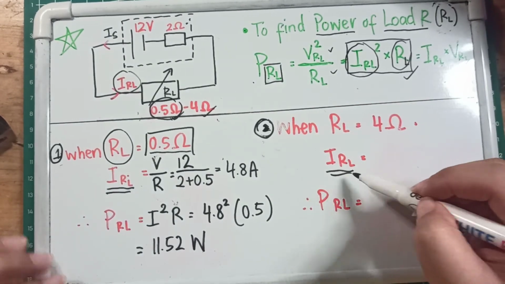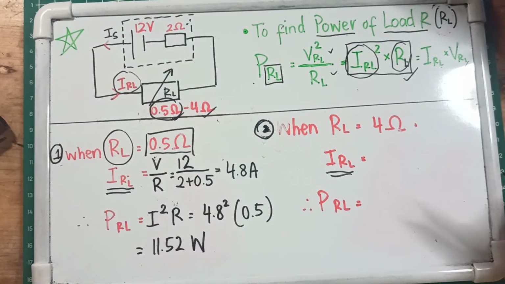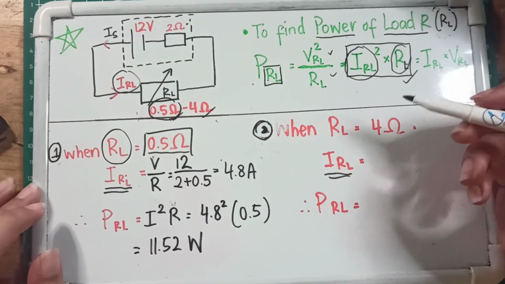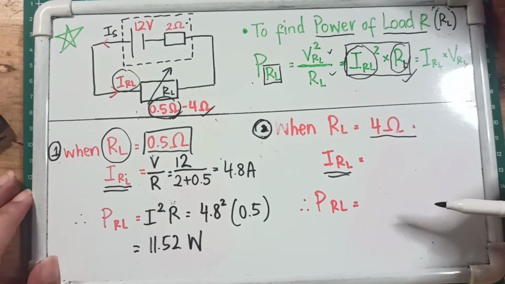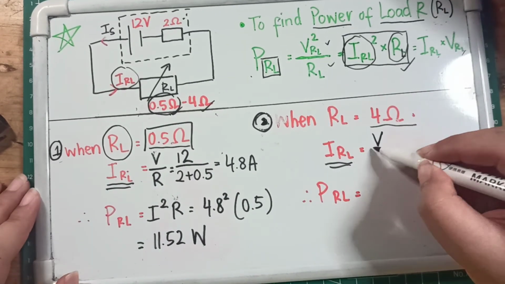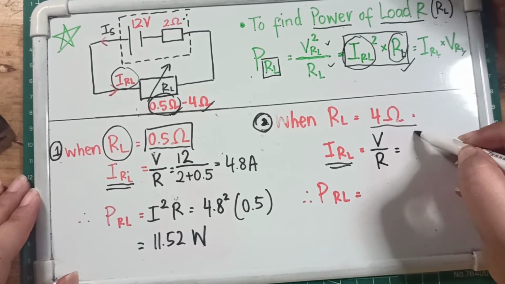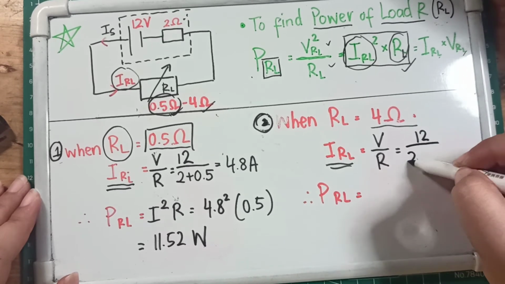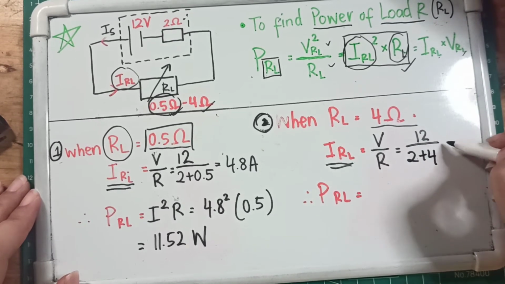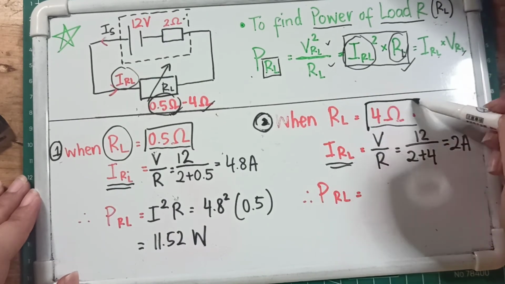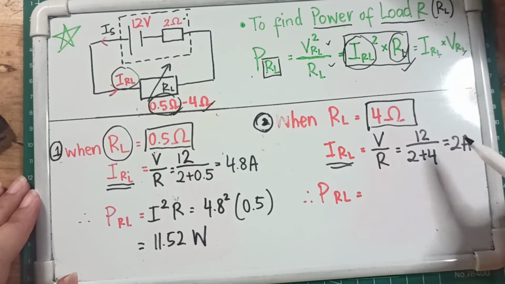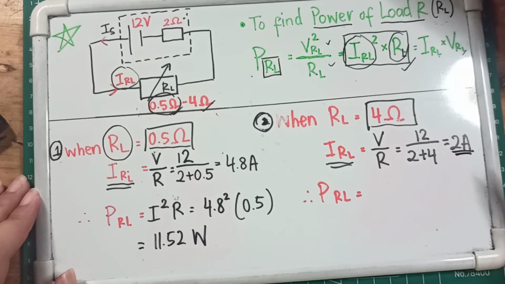And then the second step that we need to do is to find out the current that goes through the load resistor when the load resistance is 4. So let's do the same thing. It's V over R, which is 12 divided by 2 plus 4. That is 2 ampere. So when the load resistance is 4 ohms, the current flowing through is 2 ampere.